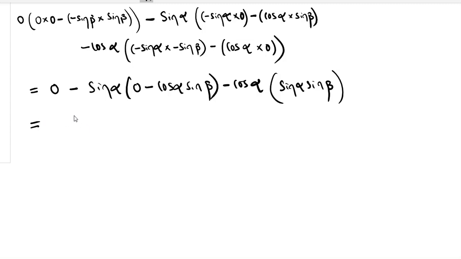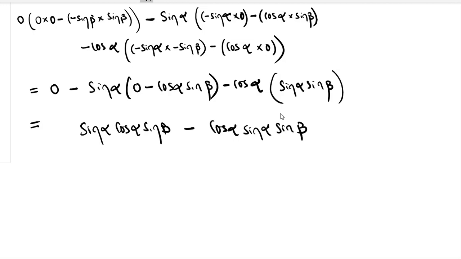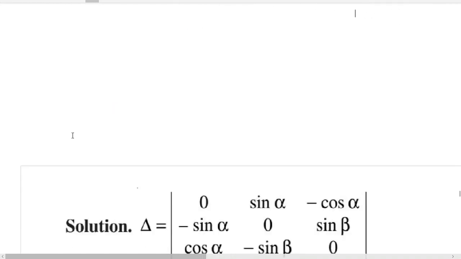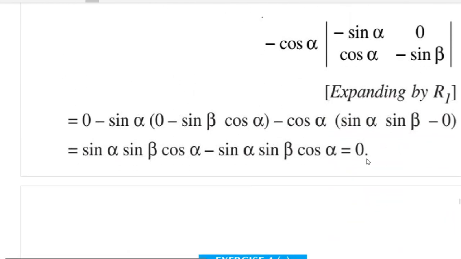Okay, next minus sine alpha will get multiplied inside, so it will become sine alpha cos alpha sine beta minus cos alpha sine beta. See, both the terms have got sine alpha, sine beta and cos alpha, so they'll get subtracted and you'll get 0. That is the answer. Let's check the answer. Answer is 0. Correct. So yeah, that was the first part.